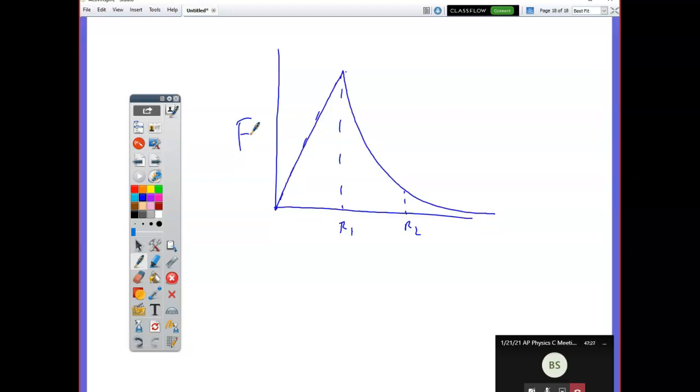Yeah, work done. So the work done by the force of gravity when a small mass approaches the Earth from far away and is placed into a circular orbit R2 is best described by the area under the curve between, so we're going from very far away to the R2 orbit.